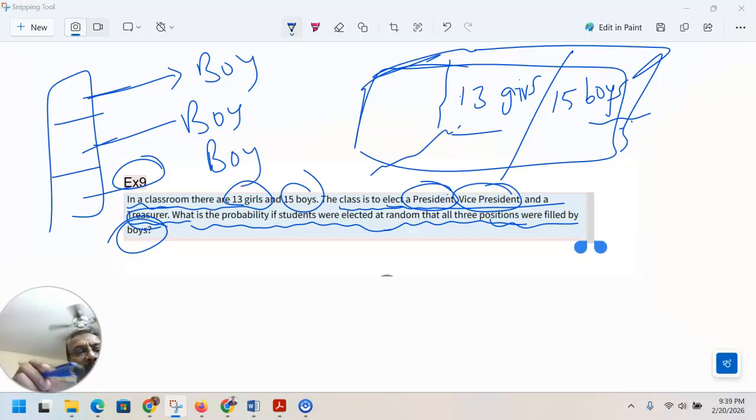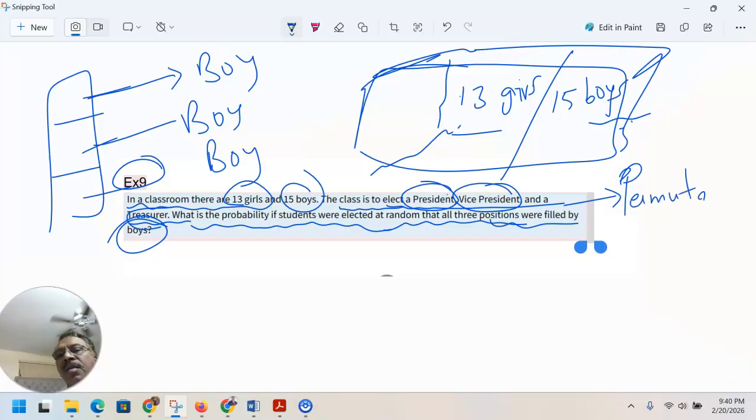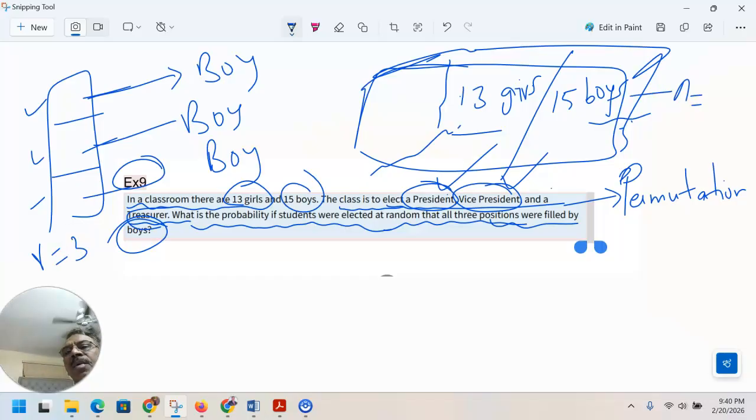That means the first one is a boy, the second one is a boy, the third one also is a boy. And now in this example, this is a problem on permutation. So now comes the challenge. Really, we need to do the hard work. Since we are selecting three positions, 1, 2, and 3, that means the r becomes 3, and the n is the total number of students here. You can see 15 plus 13 is 28.